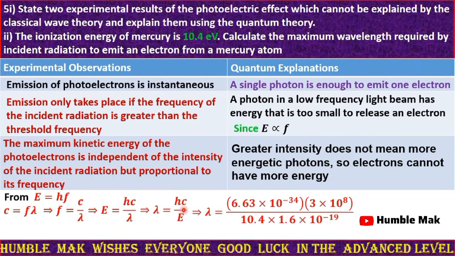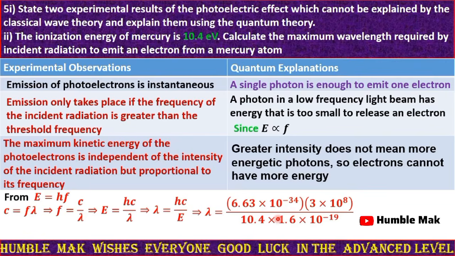Plugging everything in, the Planck's constant is given as 6.63, or you can say 6.626, per the formula booklet, times 10 raised to the power negative 34 joule seconds. The speed of light in vacuum is 3 times 10 raised to the power 8. Then the energy has been given to us in electron volts, which you must convert to joules. The electron volt has a value of the charge of an electron, 1.6 times 10 raised to the power negative 19.